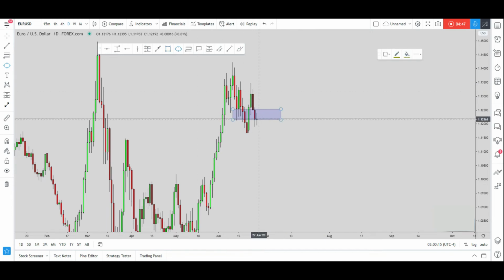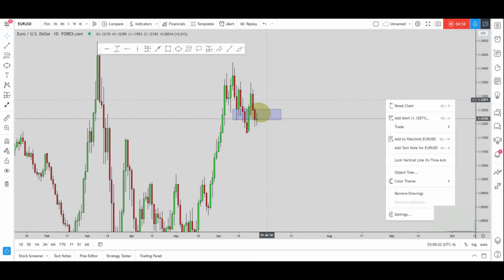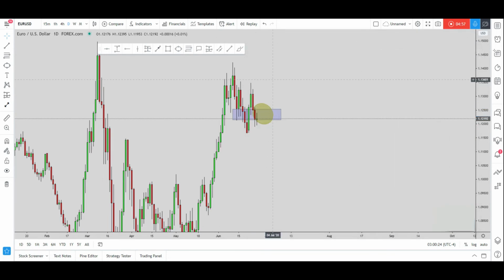But things might also shift during the week inside of this area, given the very high positioning that we have at the moment to the bullish side from an institutional perspective.